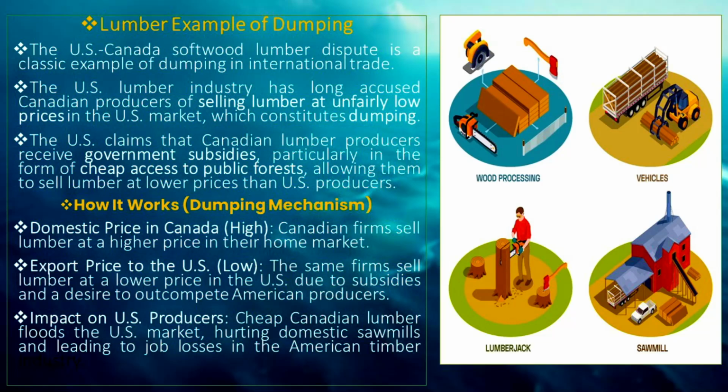The US lumber industry has long accused Canadian producers of selling lumber at unfairly low prices in the US market, which they claim is dumping. The US claims that Canadian lumber producers receive government subsidies, particularly in the form of cheap access to public forests, allowing them to sell lumber at lower prices than US producers.